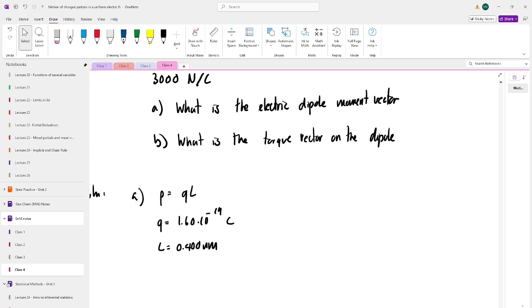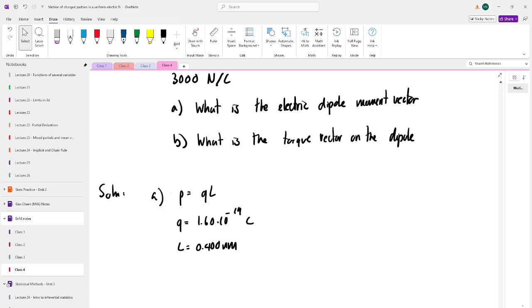And here we have an angle. So the dipole consists of two components, because it's a vector.